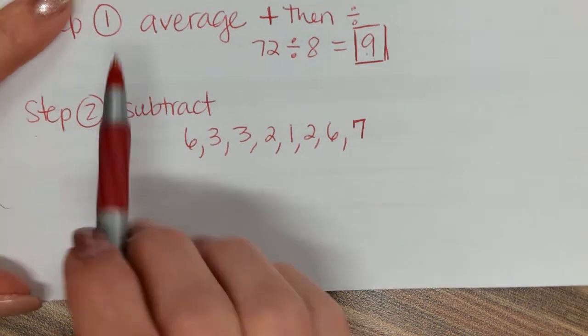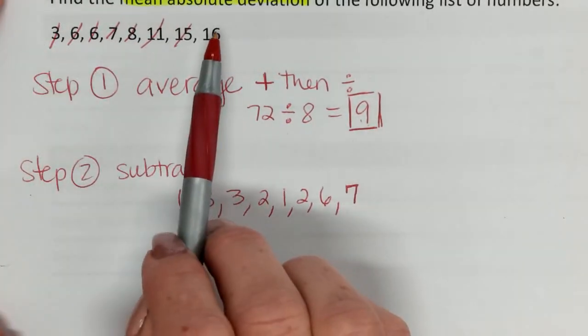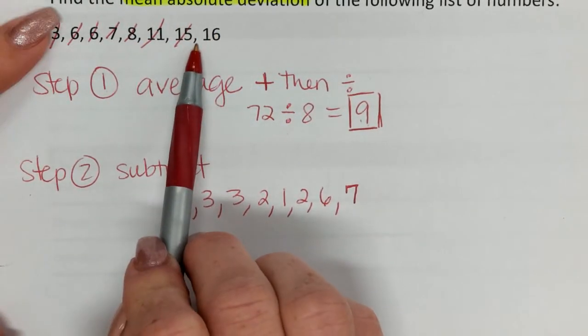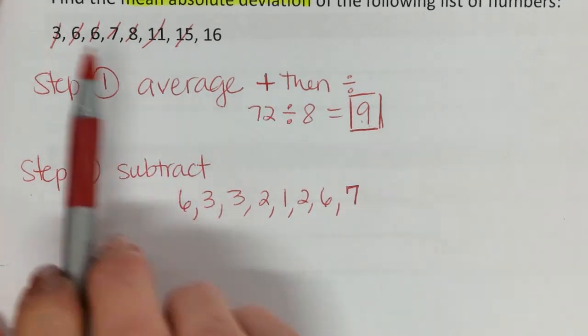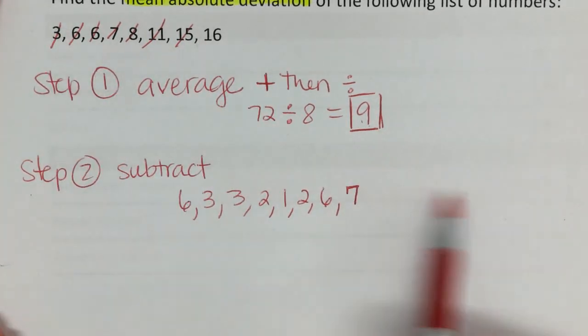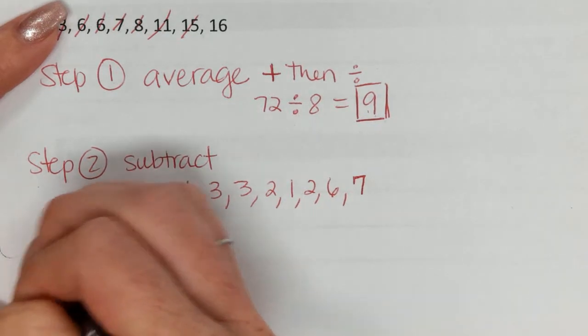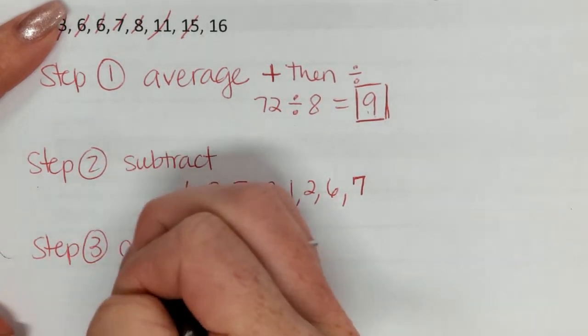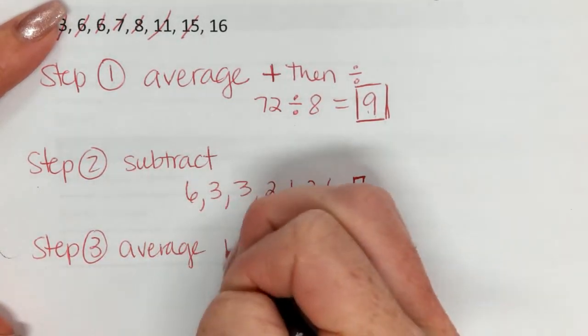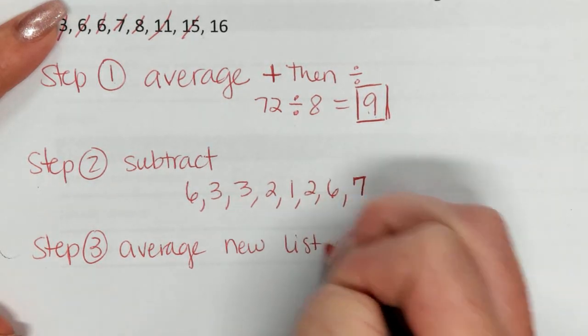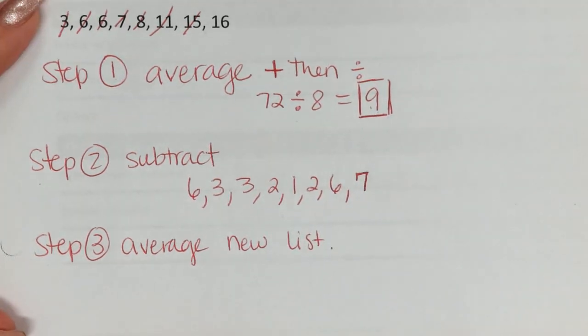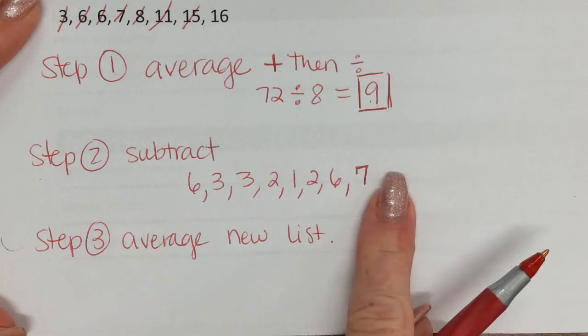Everybody good with step 1 and step 2? I'm going to say it again. Step 1, we add them all up. We divide by how many are there. Step 2, we take that number, subtract it from each of those to make a new list. Step 3, you're going to average the new list. So you're going to do step 1 all over again, but with the new numbers.